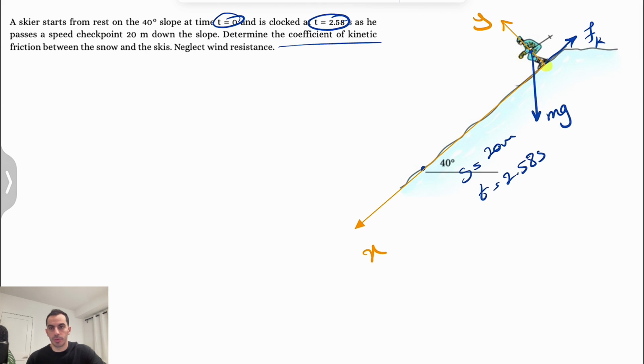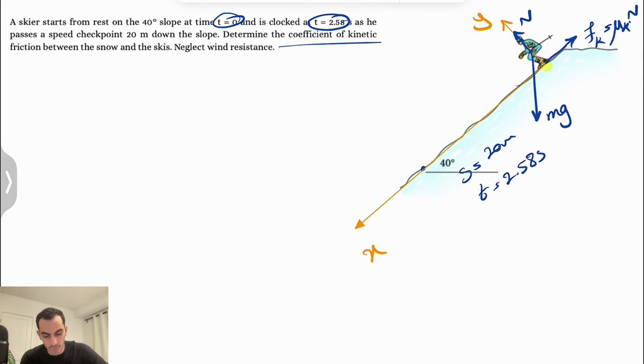And since we are moving, we are dealing with the kinetic friction in here, so the coefficient of the friction is going to be the kinetic coefficient. So we know friction is mu k times n, and that's going to be the normal force applied from the snow to the skis of this skier.